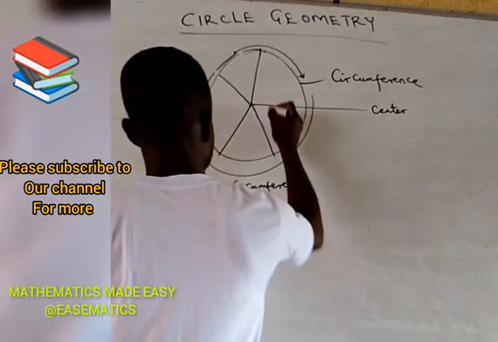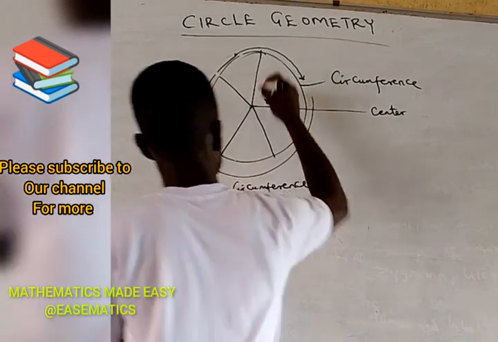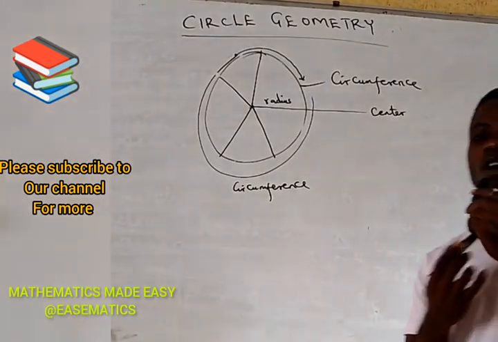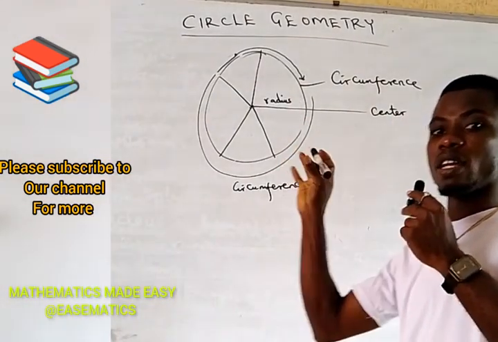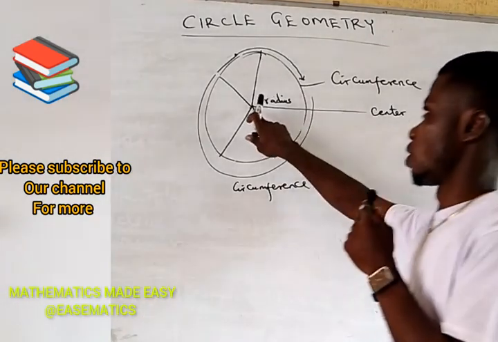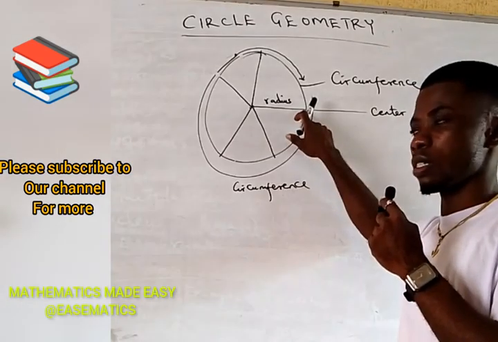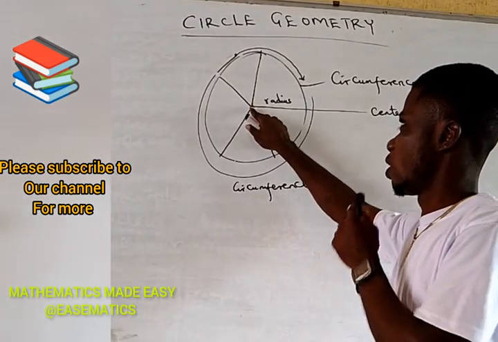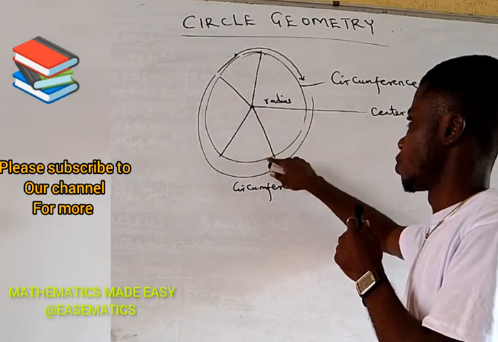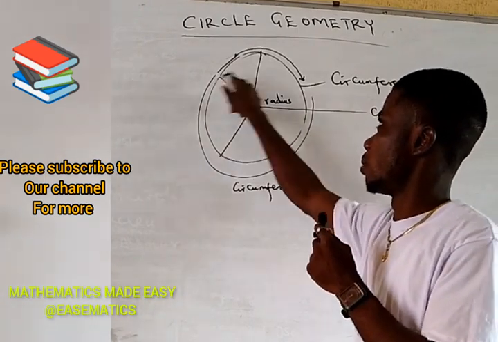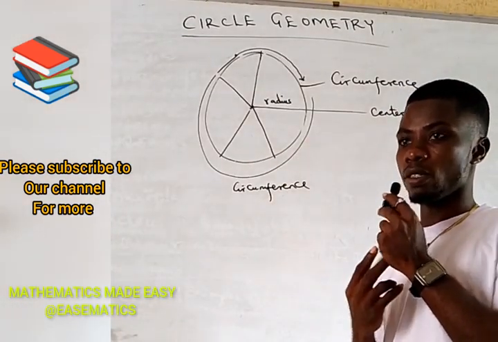Another part of a circle we need to know is the radius of the circle. The radius of the circle is just a line segment drawn from the center of the circle to any part of the circumference. That means all these distances from the center to the circumference are termed radius of the circle.